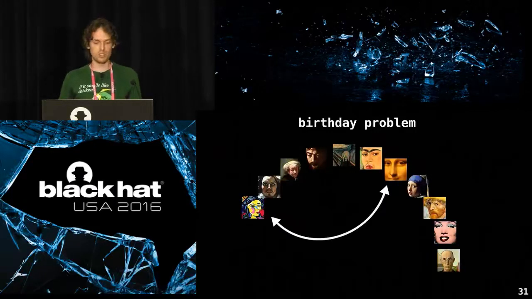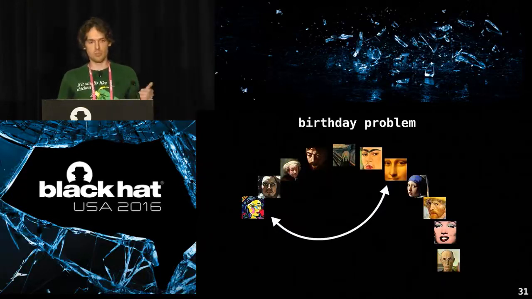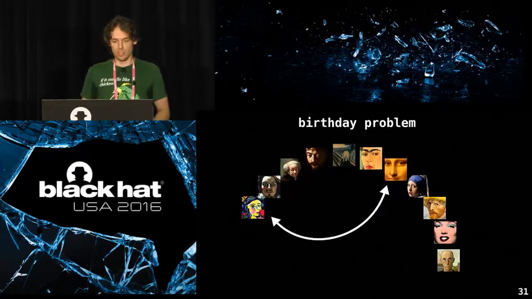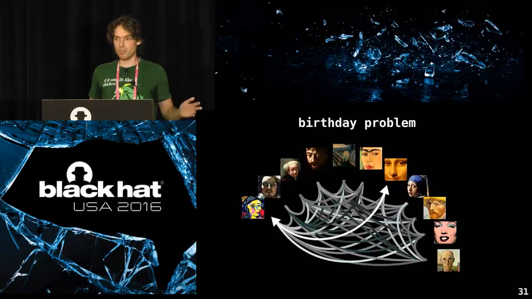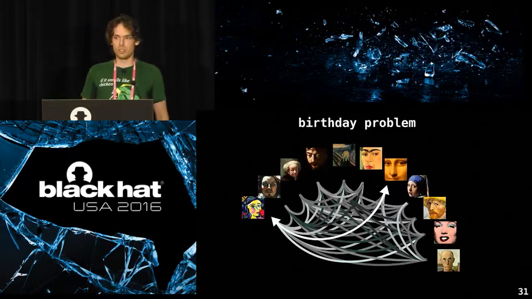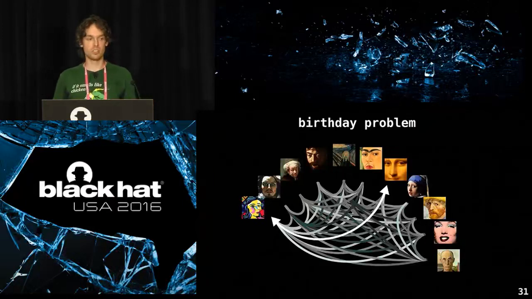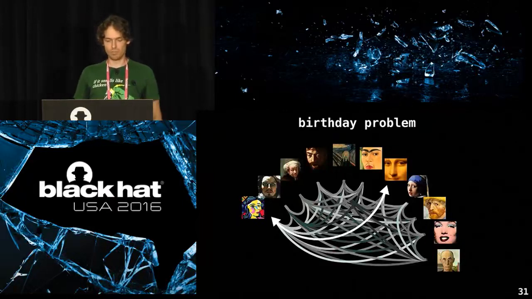The intuition behind this is that you don't compare just one person's birthday with the other people's birthday, but you're actually comparing everybody's birthday with everybody's birthday. And this is actually, when you think of it, exactly what the deduplication mechanism is doing.